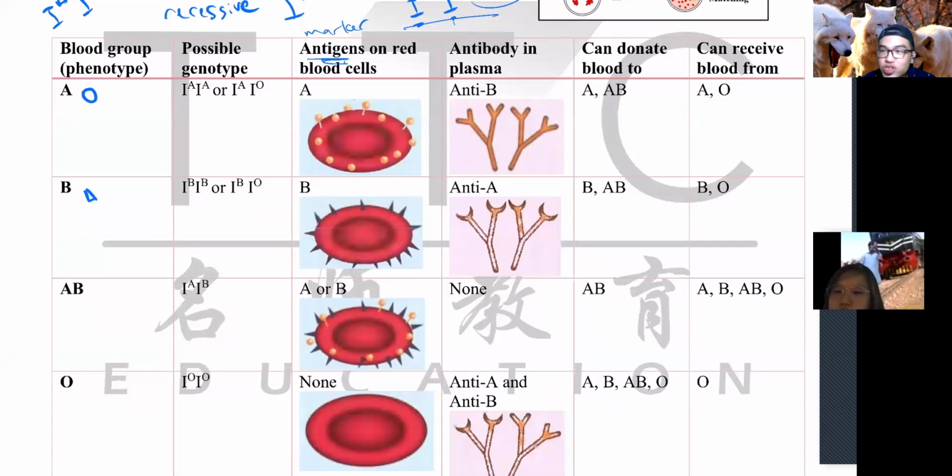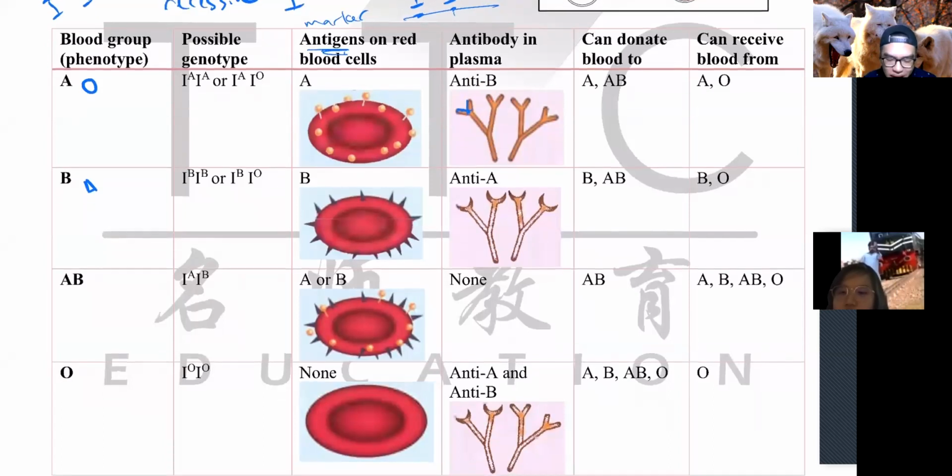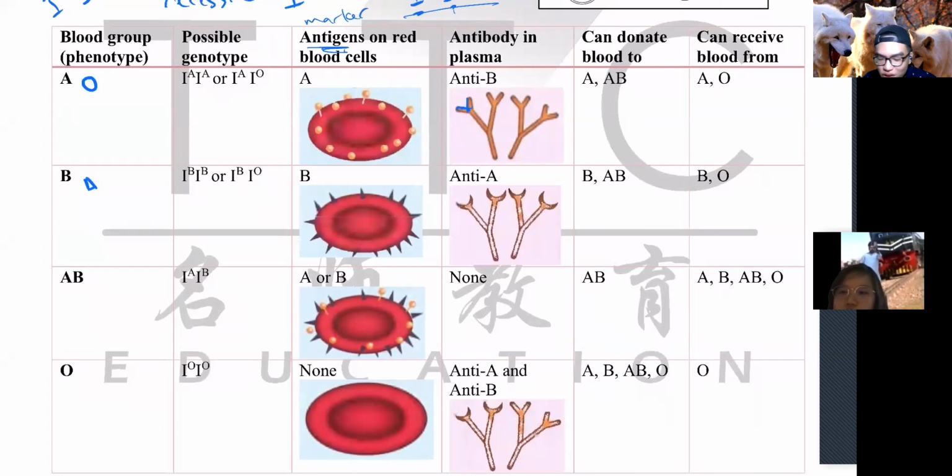Inside your plasma, the clear yellow fluid, you have anti-B. This is triangular shape, which means I will fight B. I have anti-B in my blood. Which is why if you are blood group A, you can give to A and AB, but you can only receive from A and O.